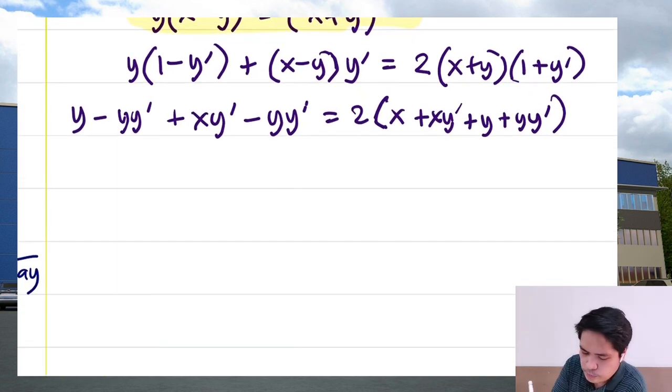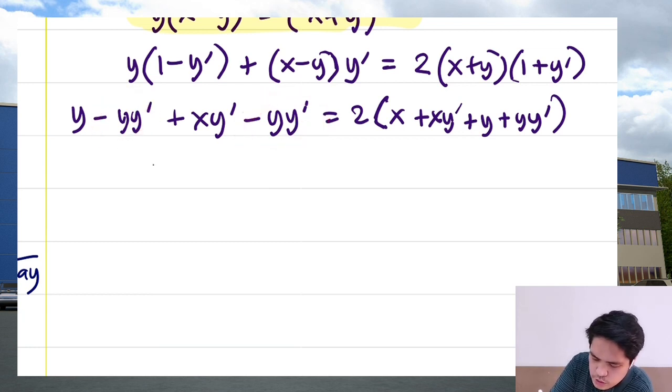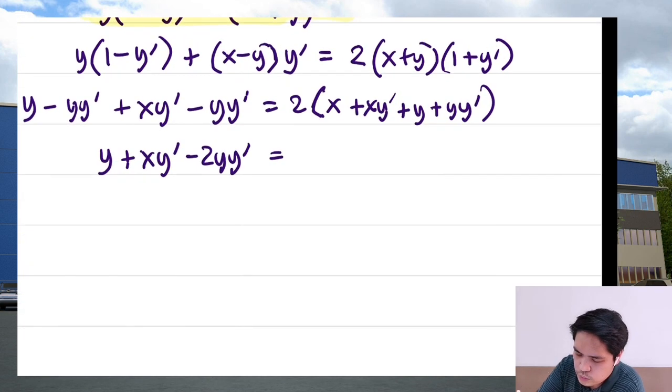Okay. So dito, we could combine these two. Right? Pareho naman sila. So y plus xy prime minus 2y prime. And then that would be equal to 2. And then dito, wala. Distribute na lang natin yung 2.